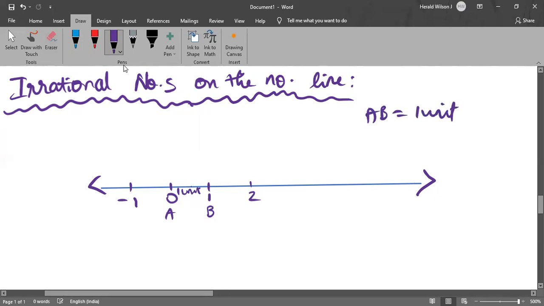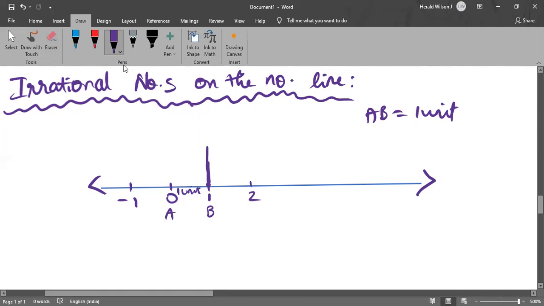Now what you need to do, take your scale and from point B measure 1 unit. Or what you can do is take your scale and just draw a straight line from point B. Then take your compass and measure 1 unit on the scale.